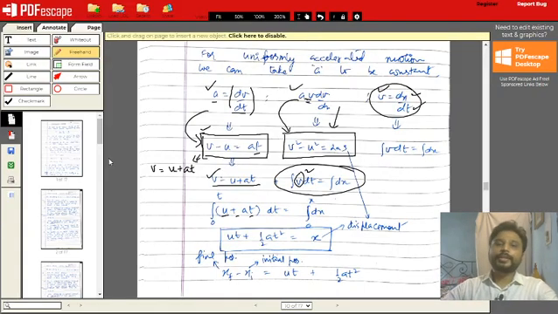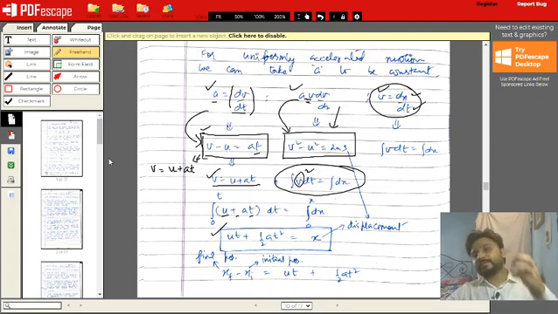Now the point of the derivation, as we stated earlier, was to reinforce the idea of definite integration, that is, how we do definite integration, and these equations would be used in calculating various things. The derivation itself is not important when acceleration is uniform. When the acceleration is uniform, we won't be deriving this again and again.